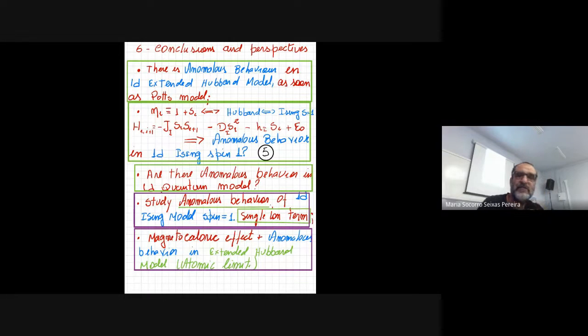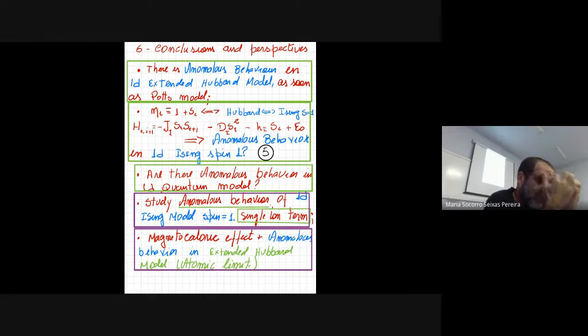Well, now our conclusion, because this work isn't finished, because this model gives us some surprise. One surprise, one not surprise, because we see in the Mancini work there is anomalous behavior in the one-dimensional extended Hubbard model, as in the Potts model.